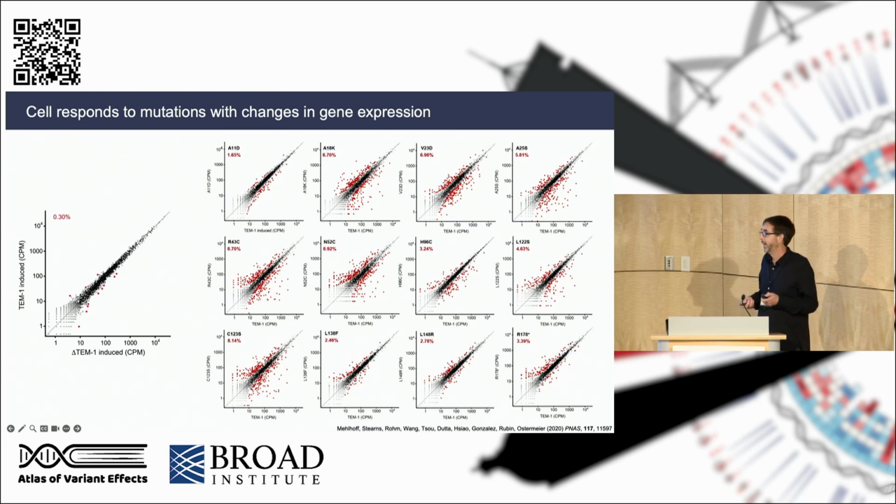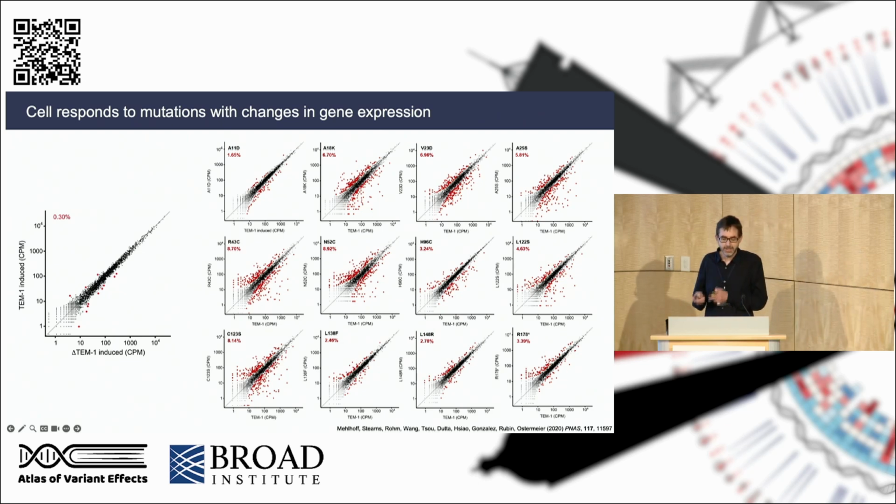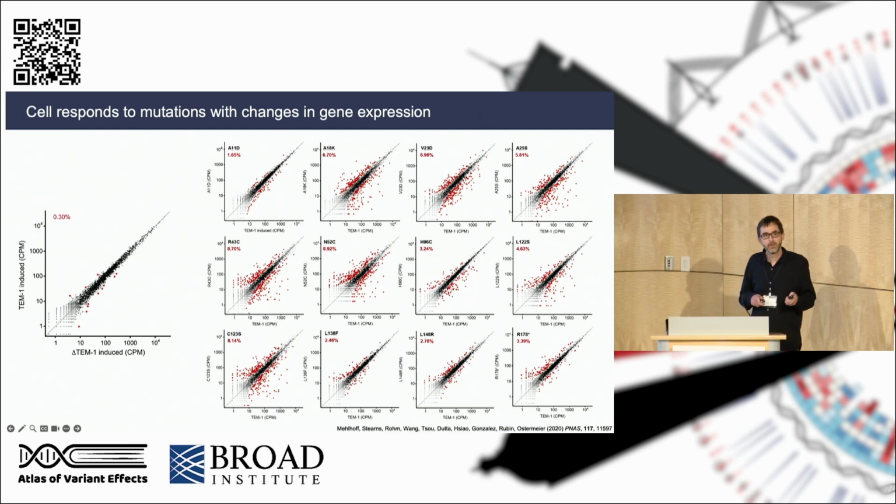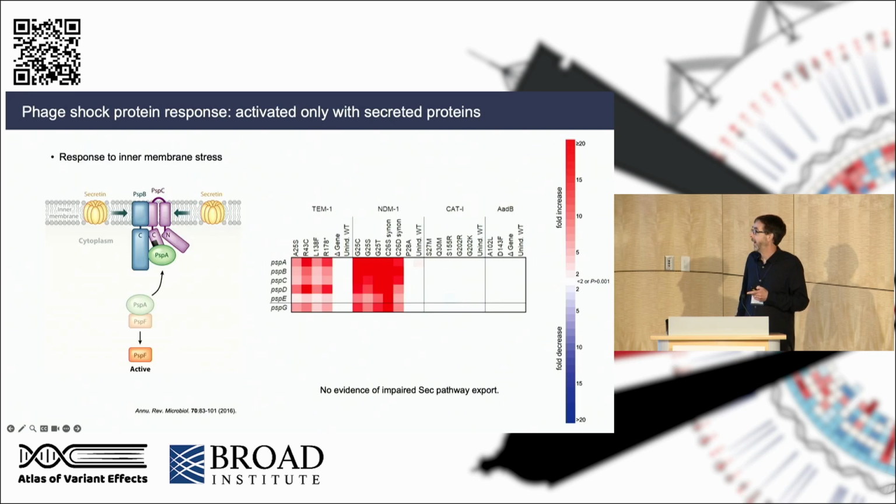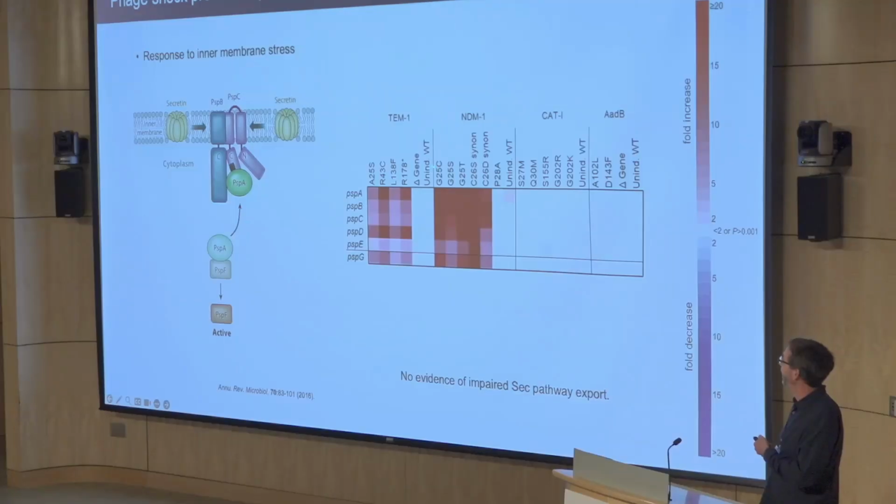So we did some RNA-seq experiments here. By and large, what we found is that the greater the deleterious collateral fitness effect of a mutation, in general, the greater the transcriptome is perturbed. And there are some general things that happen that make sense.